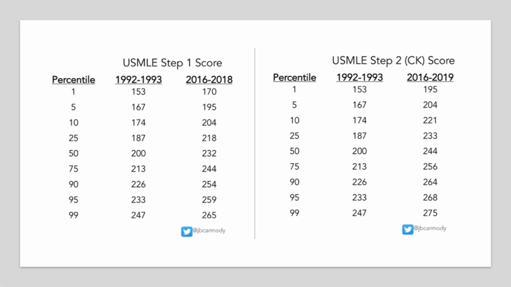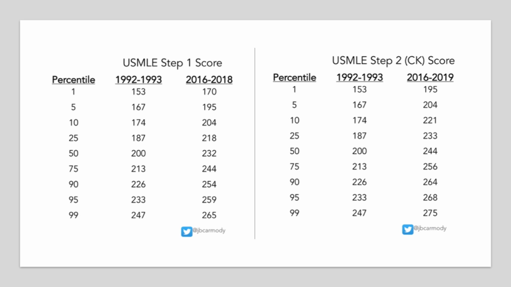The dramatic effects of score creep are easily appreciated when you look at how the percentiles have shifted over time. Like I mentioned, back in the early days of the USMLE, if you had a score of 200 on Step 1, you were right at the mean. Perfectly respectable score. But if you had a 233, you were in the 95th percentile, and you were about to be the king of the world. The world was going to be your oyster.